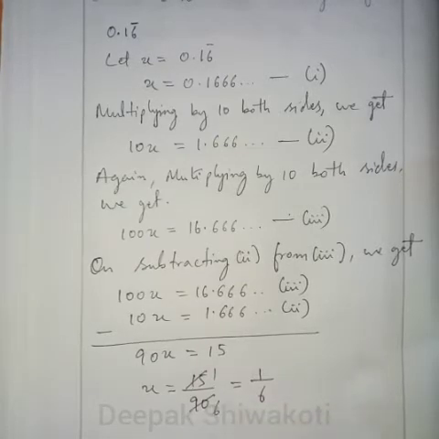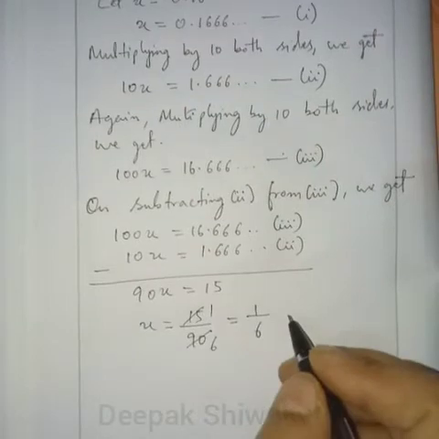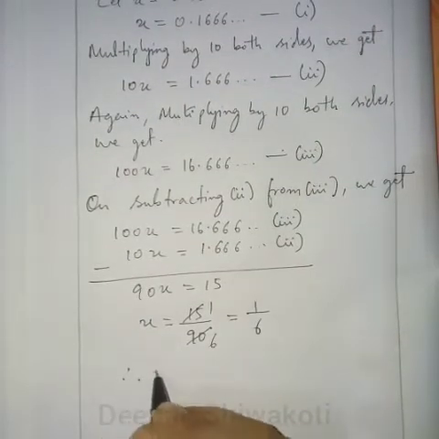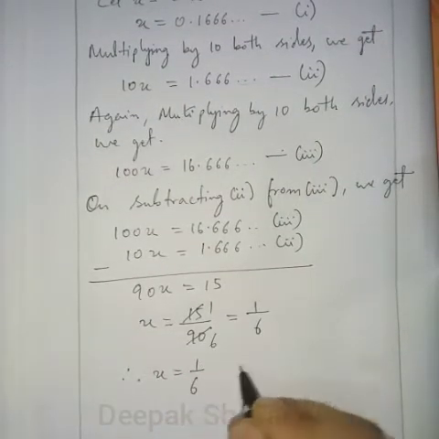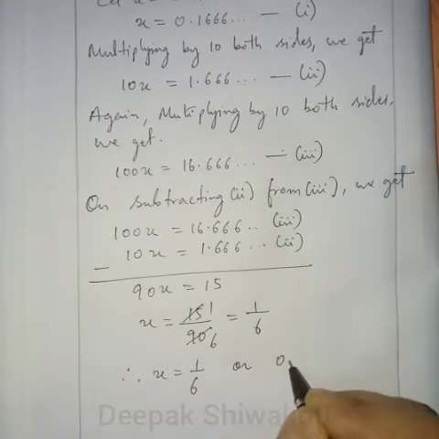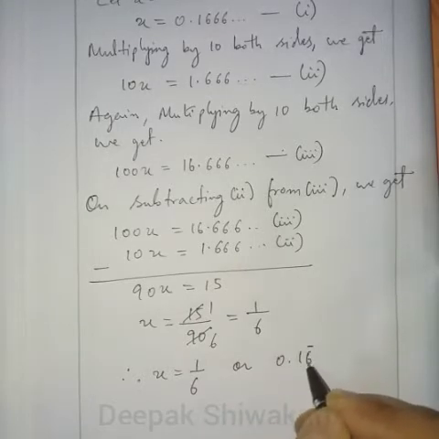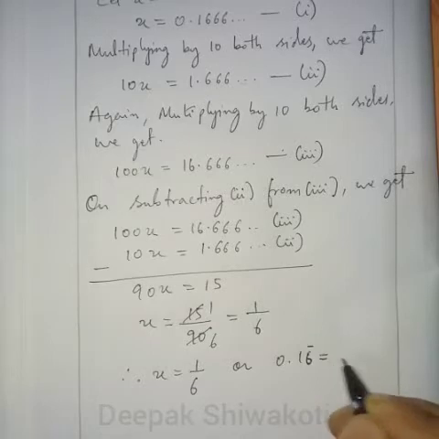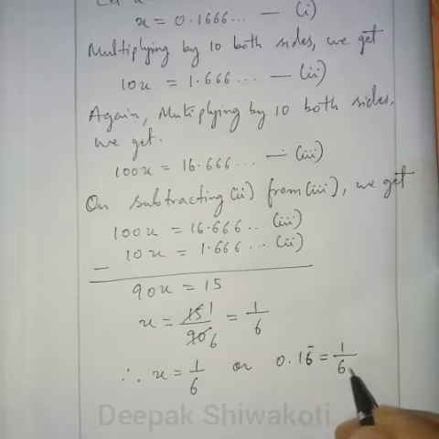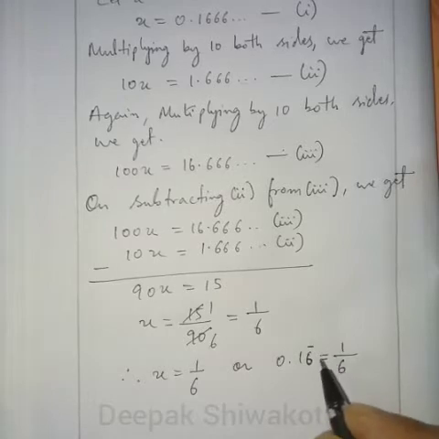Therefore x is equals to 1 by 6, or 0.16 recurring can be represented as a vulgar fraction 1 by 6. Okay, so here we have done it.